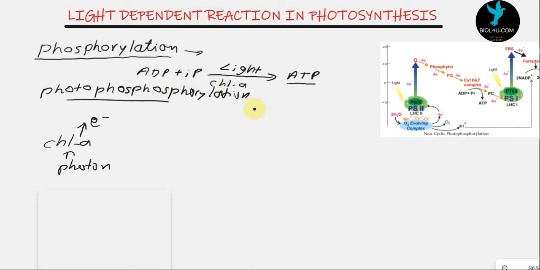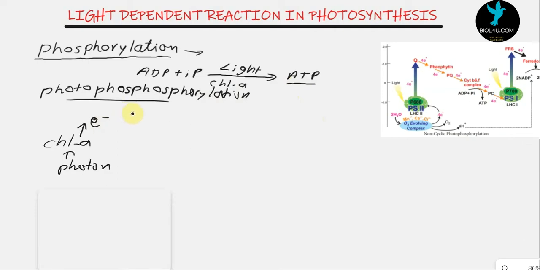Actually, Dr. Arnon first suggested that there are two pathways for this electron transfer. This electron is transferred from one carrier to another carrier, and finally results in the formation of ATP and NADPH2. So according to Dr. Arnon, this electron is transferred through two pathways.